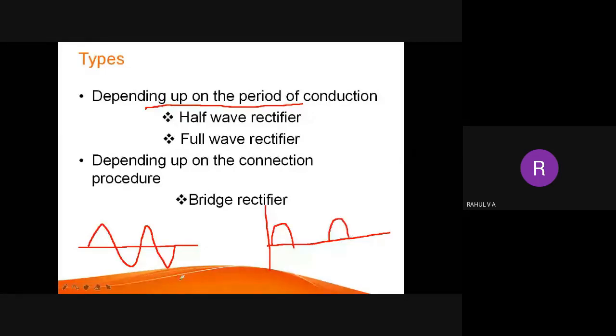If you use a half wave rectifier, only the positive half cycle available in the input will come in the output. All the negative half cycles are left out. In the output, the negative half cycle will not be present. Only the positive half cycle will be coming in the output.